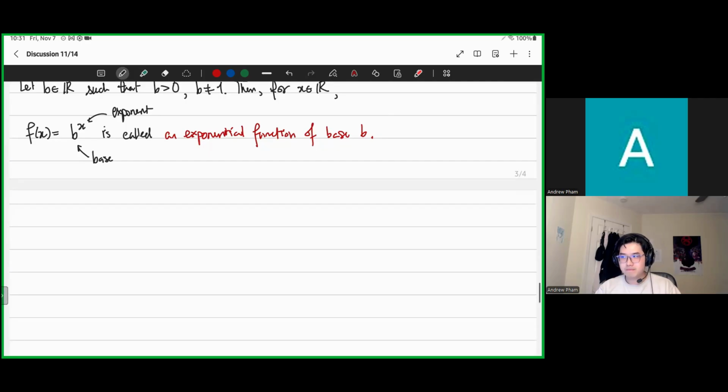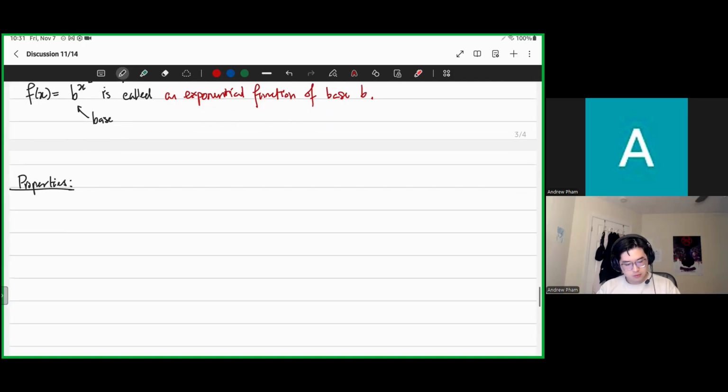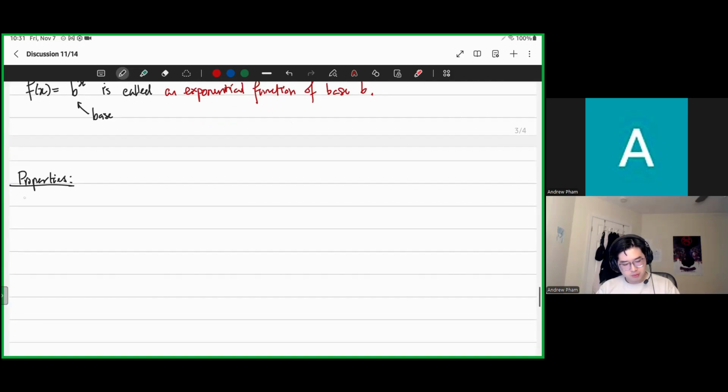Okay. So we have these functions now, and we can also deal with some properties, right? So one, talk about properties. The function b to the x will always be positive. Why?